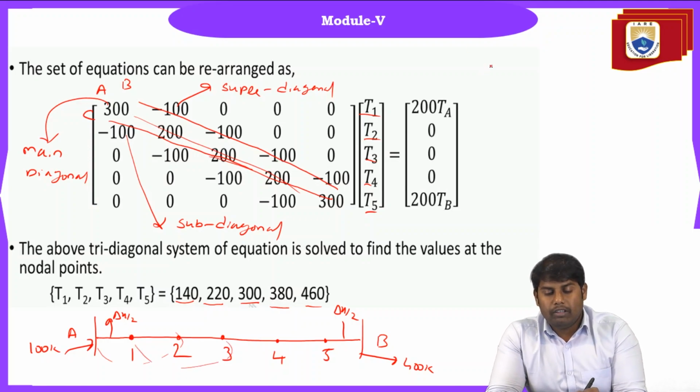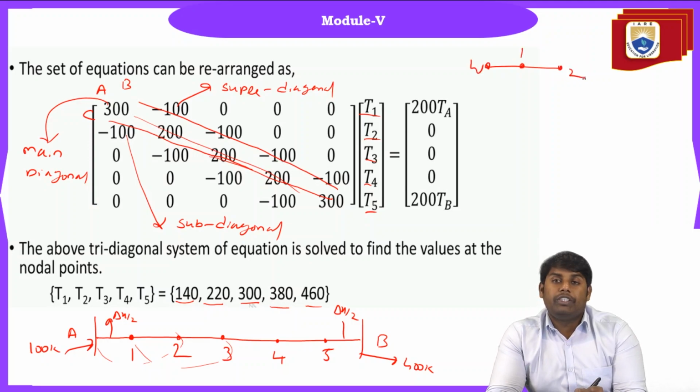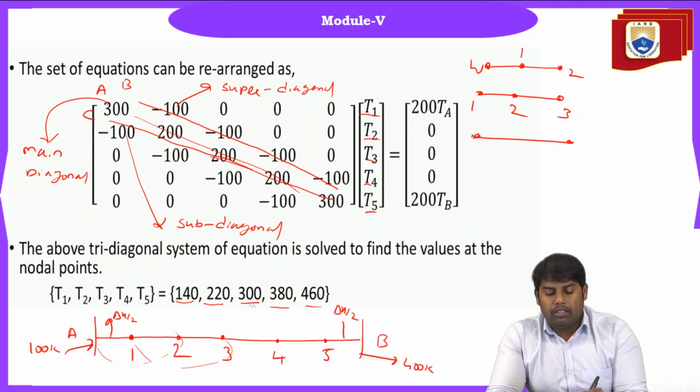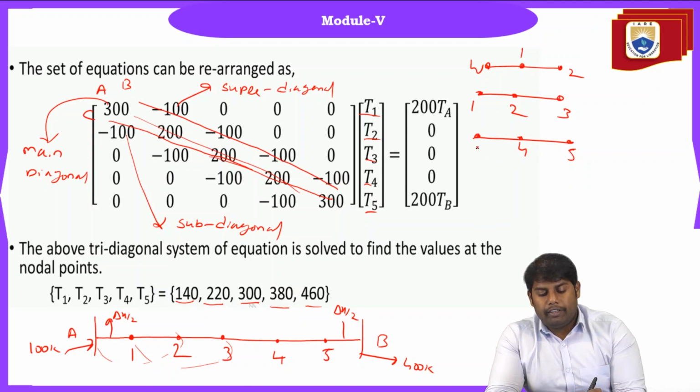So this is 1 and 2, this is the first element. The next element is 1, 2, 3, the second element. Then we have 3, 4, 5, the third element.